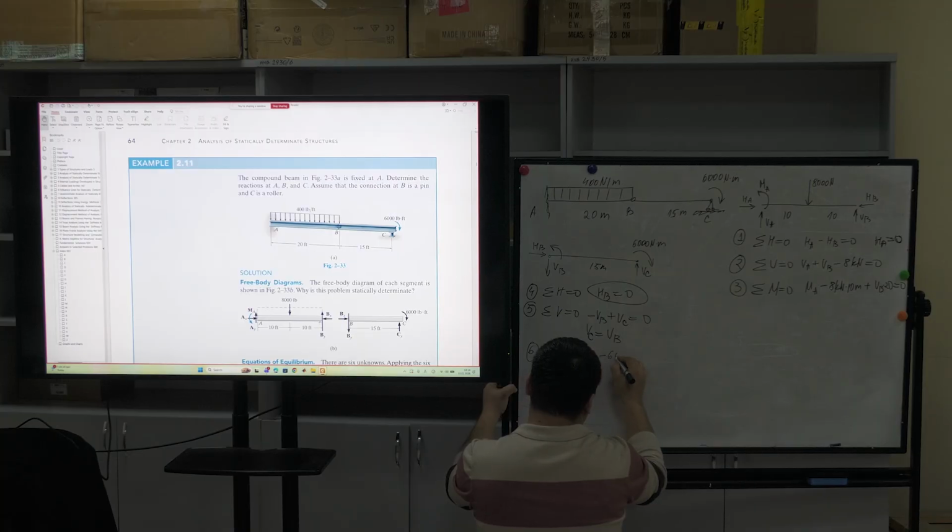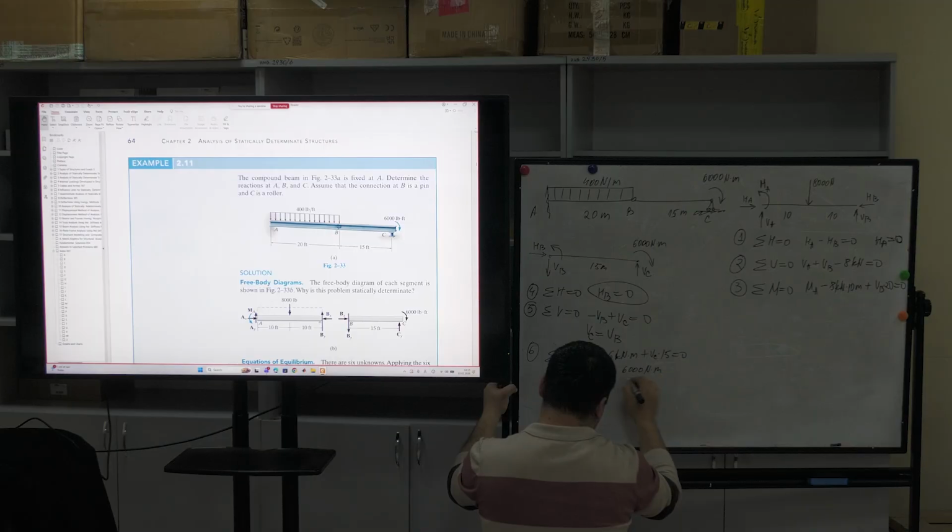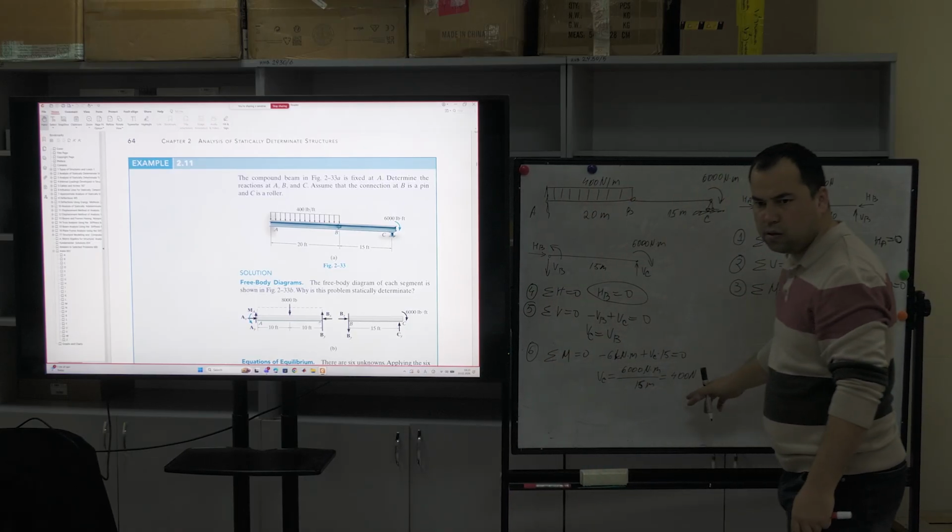Minus 6 kilonewton meter plus VC times 15 is equal to 0. VC is equal to 6,000 Newton meter divided by 15. It's about 400.